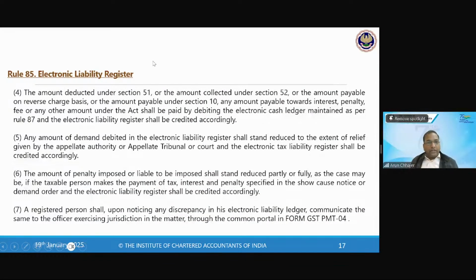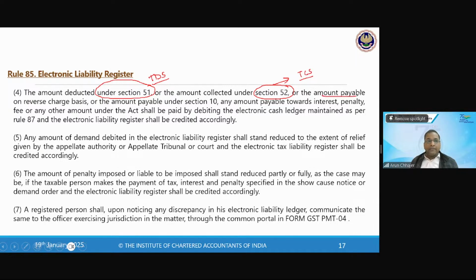Now, the amount deducted under section 51 or amount collected under section 52, that we need to discuss today. Section 51 we will discuss today, and section 52 we will discuss in the next class. This is TDS and 52 is the TCS.